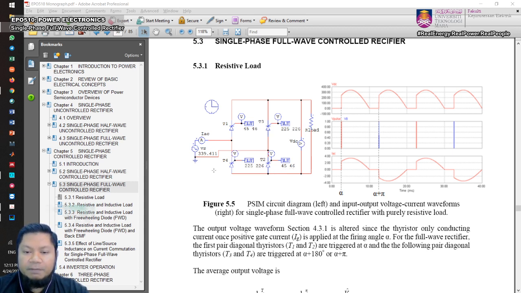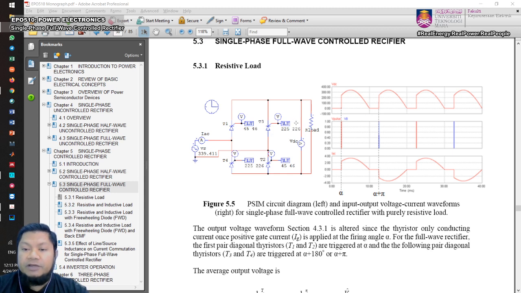For the other diagonal pair, T3 and T4, you add another 180 degrees to alpha, so 180 degrees plus the alpha you have for T1 and T2. In this example, 180 plus 45 gives 225, and the value is slightly off because we have a short pulse. That's mainly how we construct the circuit.